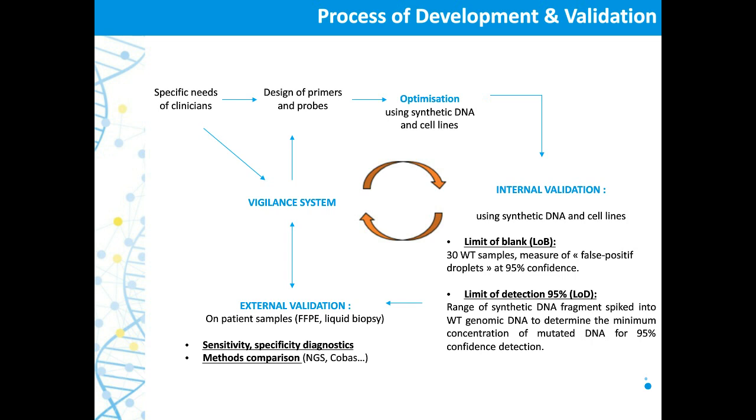Then we set up a vigilance system to make sure that the kits are performing well and that the targets we want to see are covered, whether there are other targets to implement in the assay or targets to remove. This depends on how research goes and if there are new drugs on the market. So every kit is optimized over time.